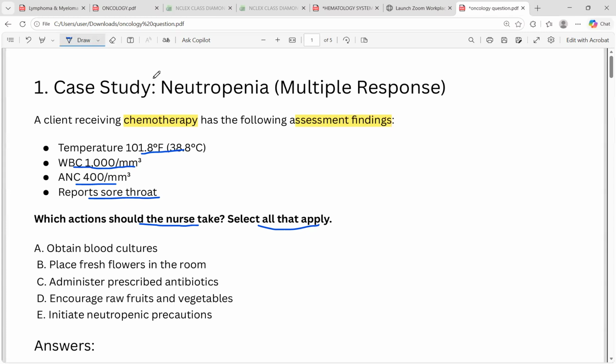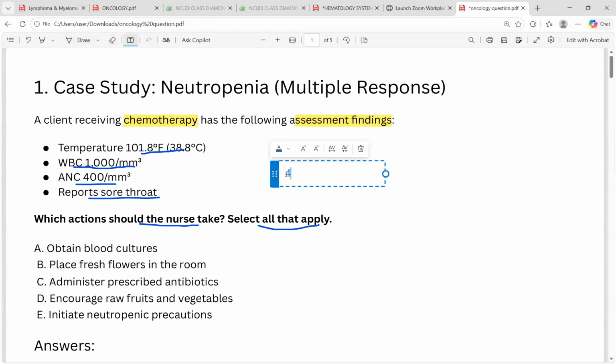The normal WBC is 4,000 to 11,000, according to institutional values. But here the WBC is low. That means the client is having leukopenia. Leukopenia and neutropenia have similar management, because both carry a risk for infection.